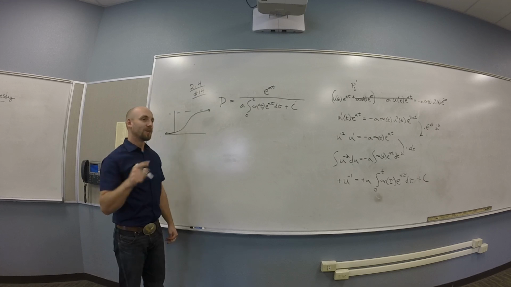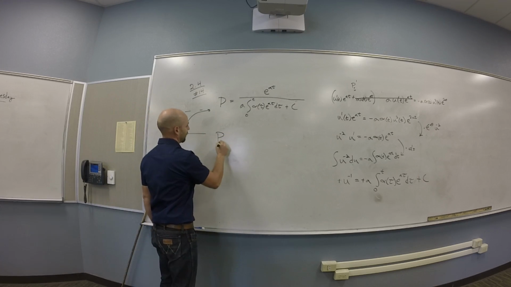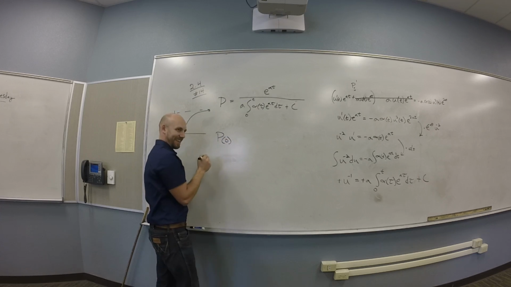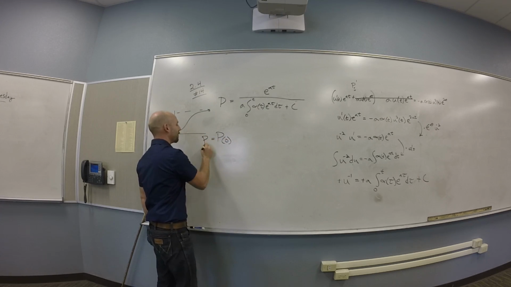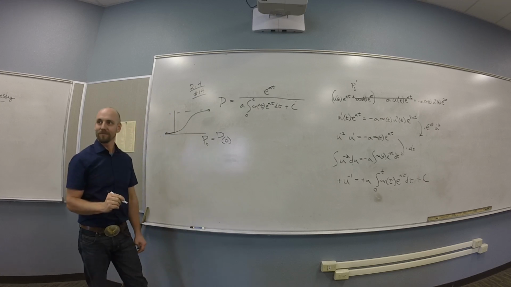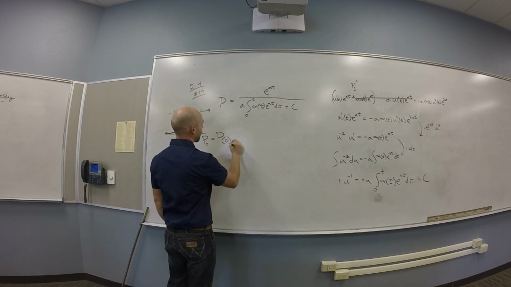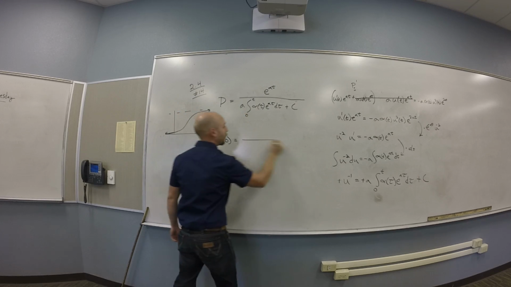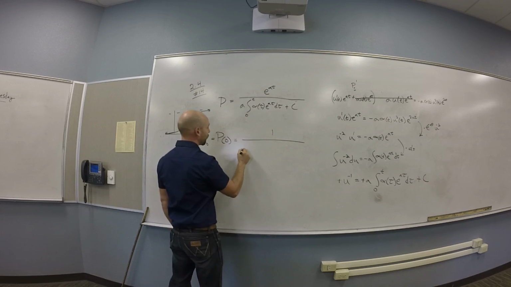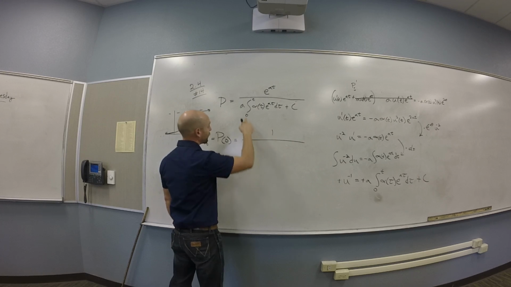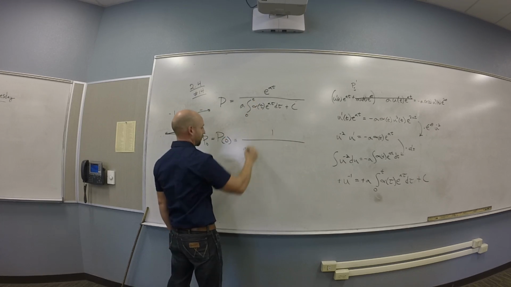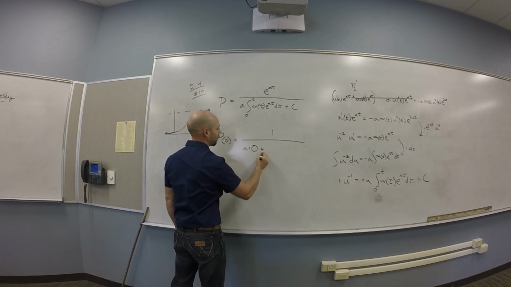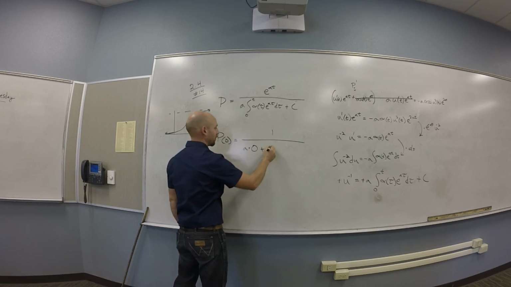Okay, now, what's p of 0? Kind of gave that one away. So you might assume that the population starts at p naught, right? So if you plug 0 in here, on top you got a 1, and on the bottom you got a times the integral from 0 to 0, which is 0, plus a constant.